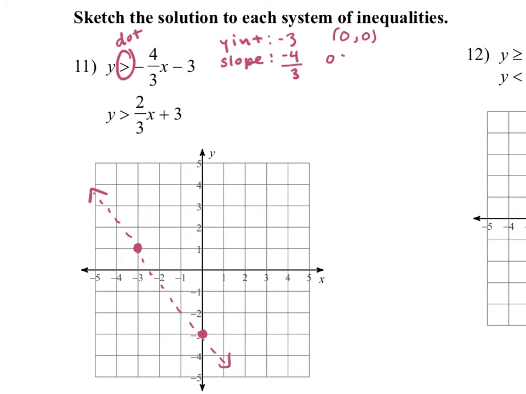So 0 is greater than negative 4 over 3 times 0 minus 3. Negative 4 over 3 times 0 is just 0. So 0 is greater than negative 3. Is this true? Yes. So where do we shade? The right side. Perfect. So we shade where 0, 0 is, so over here.